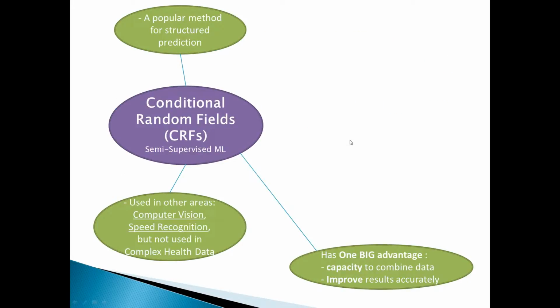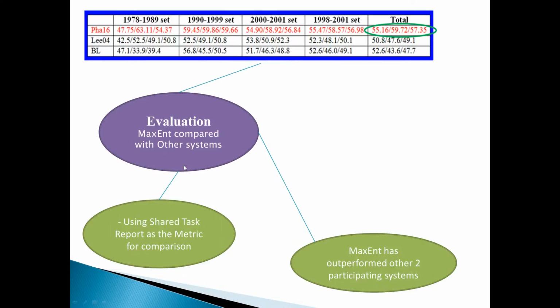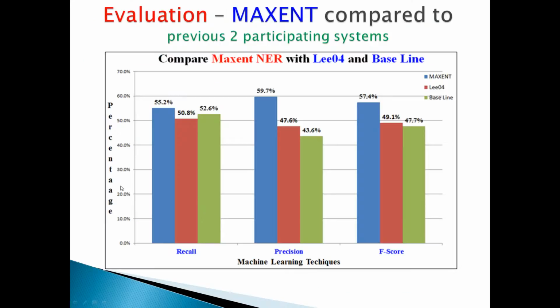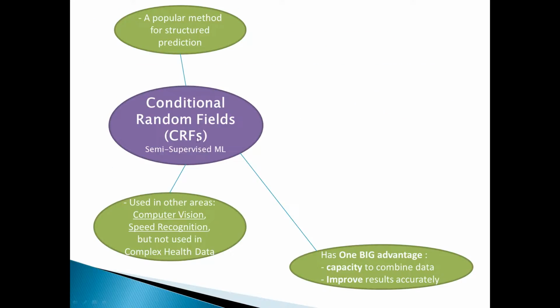Then we also tried another algorithm, motivated by probabilistic models, called conditional random fields. While the previous one is supervised learning, this one is semi-supervised learning, which means you don't need a lot of training data in the beginning.